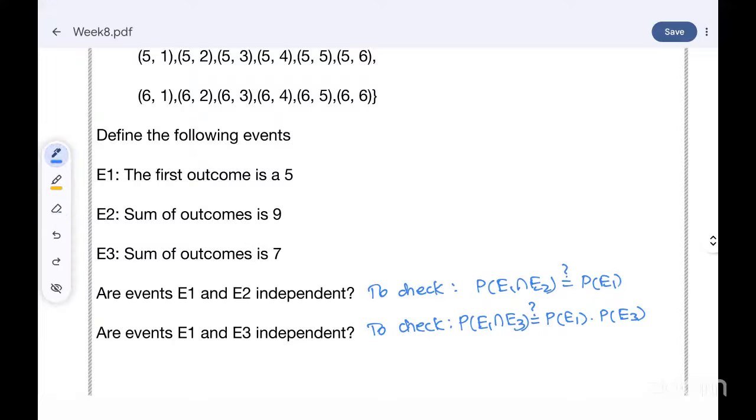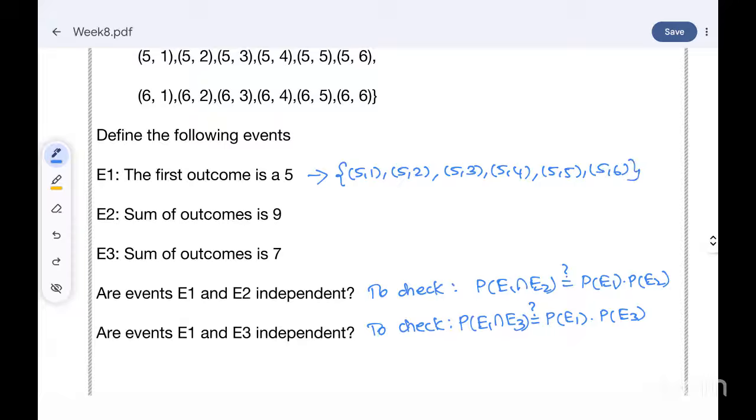First of all, what are the elements in E1? The first outcome is a 5: 5-1, 5-2, 5-3, 5-4, 5-5, and 5-6.